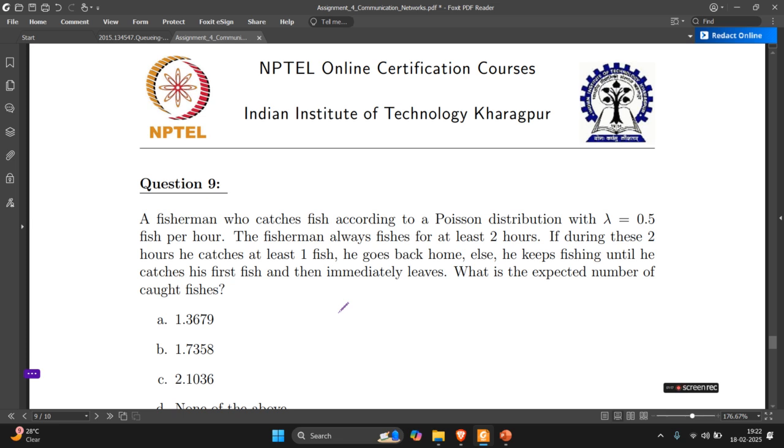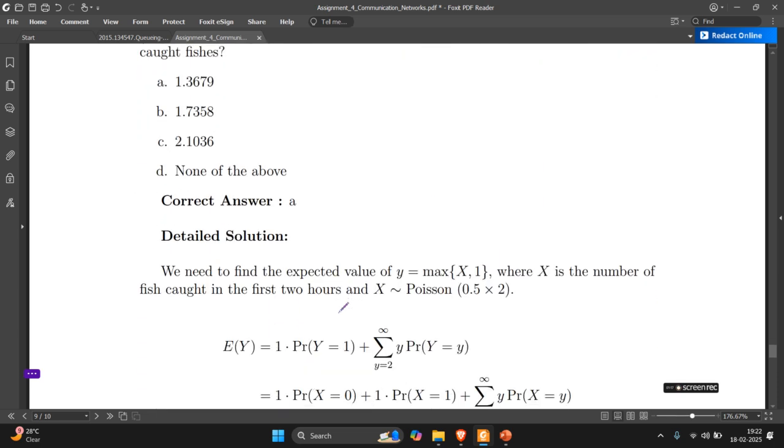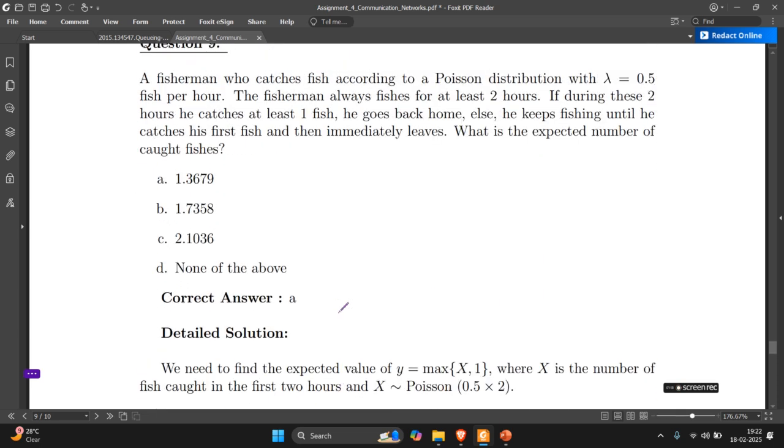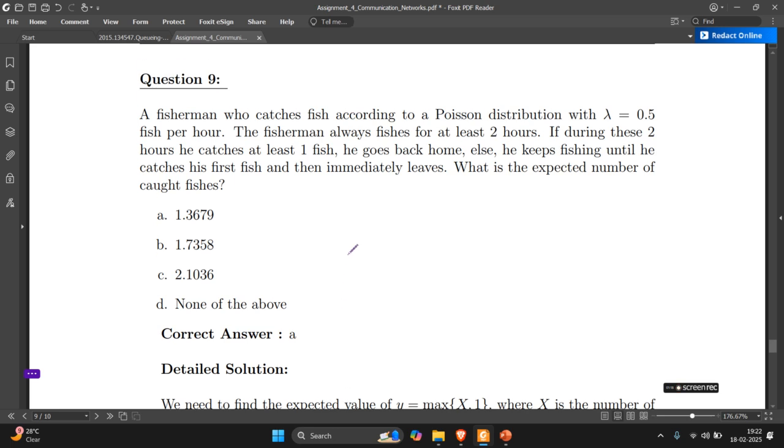So there are two possibilities: he catches at least one fish, or he catches no fish. These two are complementary. So if he catches no fish, then he waits for the extra time.